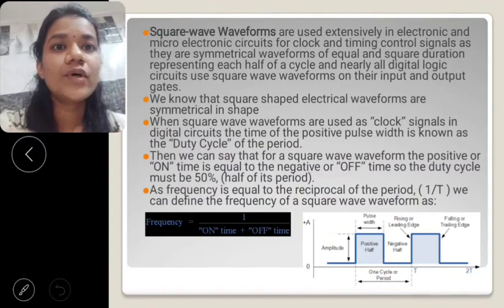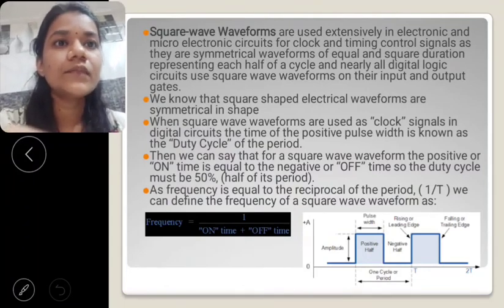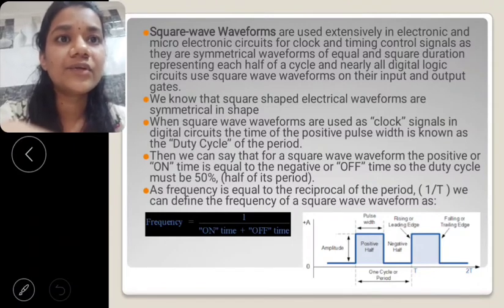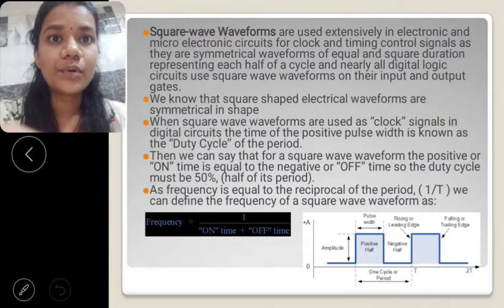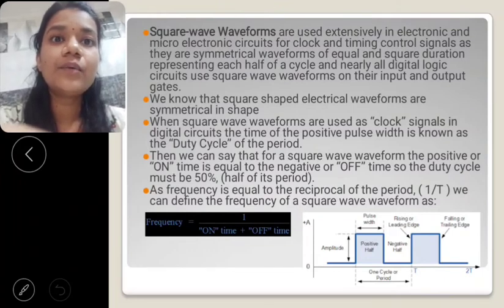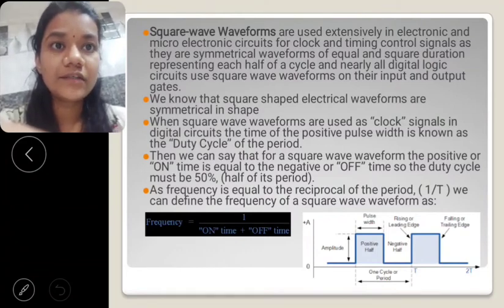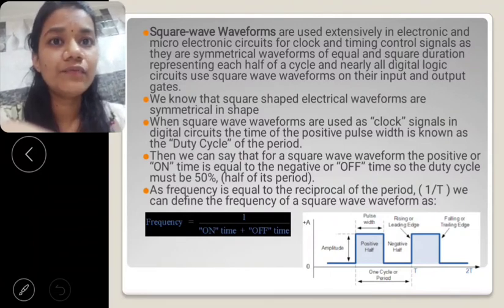The next is the square wave. Square waveforms are used extensively in electronic and microelectronic circuits for clock and timing control. Normally, if we think about analog electronics, then we use sinusoidal waveforms, but if we consider digital electronics like timer circuits and clock circuits, then we need the square waveform, okay.